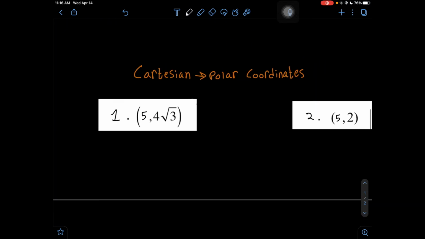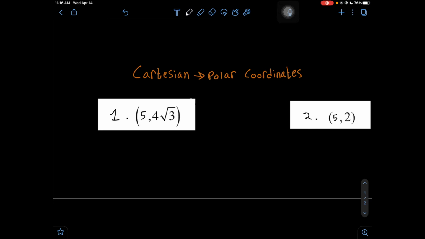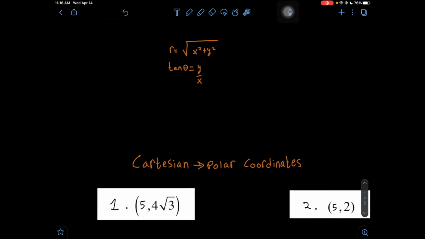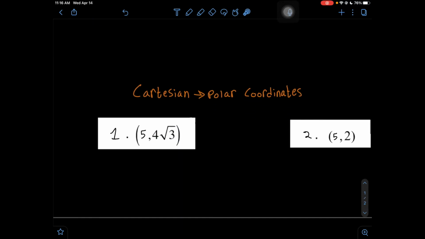Okay, well, the first one we have is 5 comma 4 square roots of 3. Well, if we remember, we said that r equals the square root of x squared plus y squared. Well, we know our x is 5 and our y is 4 square roots of 3. Let's go ahead and substitute that into our equation. So we have r equals the square root of x squared plus y squared.